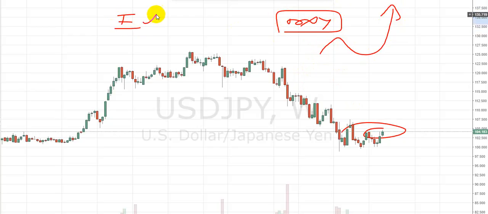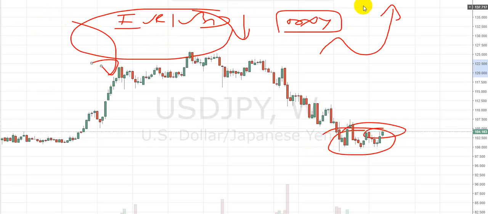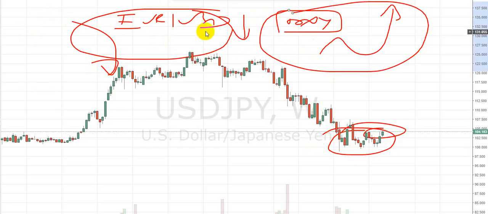But the euro dollar fall should be enough to move overall dollar index higher. In that case, I do expect some kind of consolidation on dollar yen, but a move to the downside on euro dollar will produce an overall dollar index rally, right?